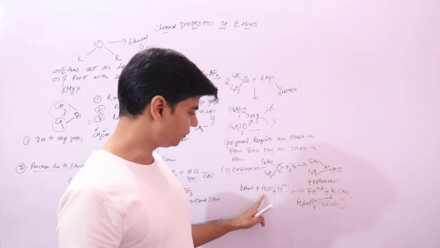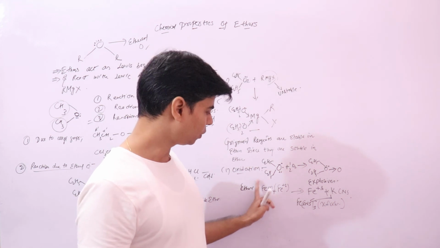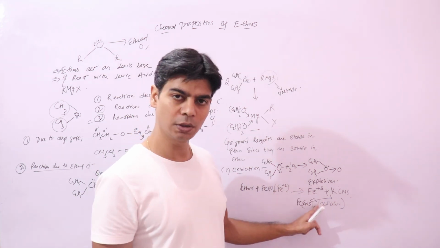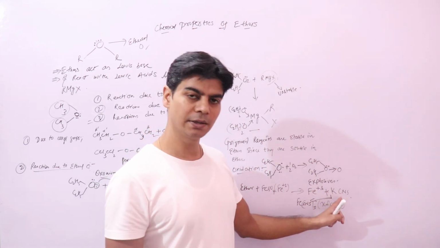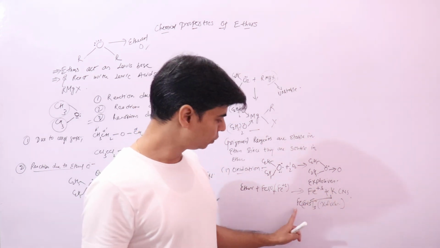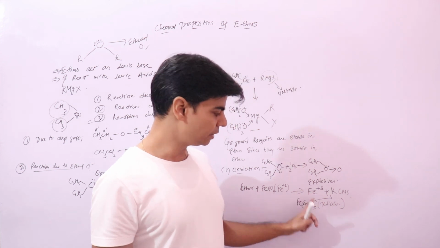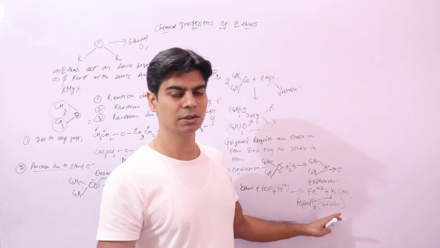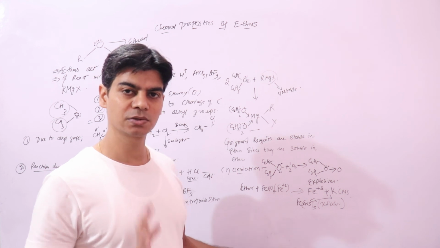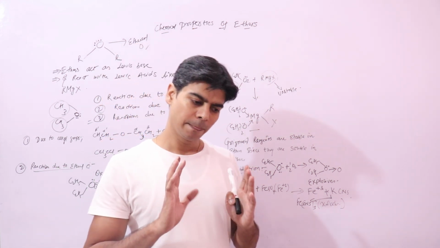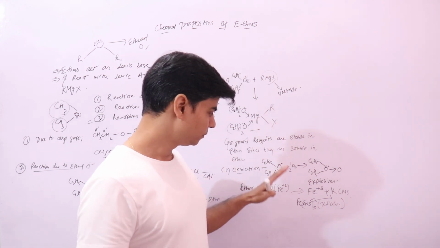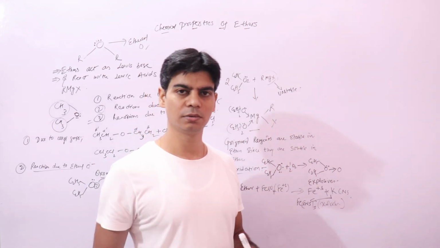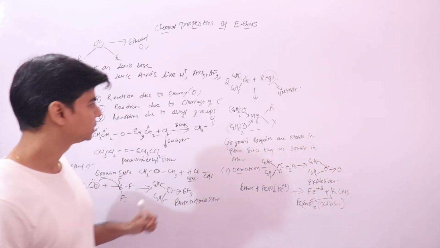When you add ferrous sulfate or ferrous salt, it will oxidize the ferrous salt to ferric salt, and then you add potassium thiocyanate, which will react with ferric salt to give you ferric thiocyanate, which is red in color. If you get a red color, that means you have a peroxide, and the ether must be purified of this peroxide before normal use. I hope this is clear. Thanks.